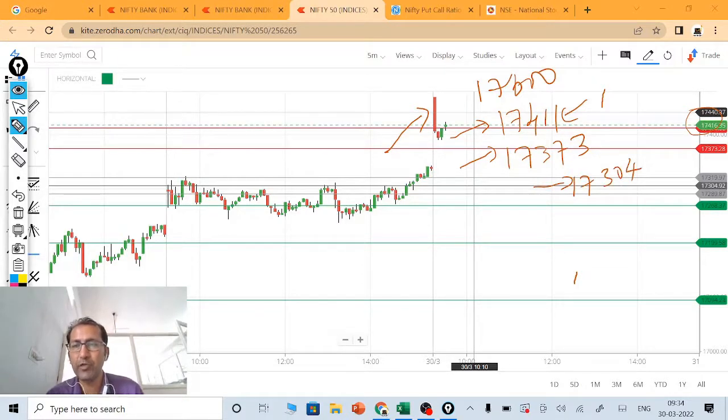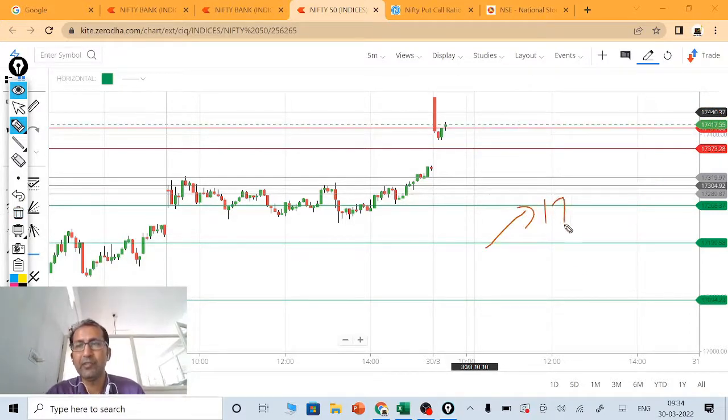So markets are going to be very volatile today. If there is a fall in the markets, you can buy the fall and wait for a target of 17,600. But if the markets fall below 17,373, then be cautious. Then markets can go all the way to the pivot. Supports are placed at around 17,304, then the next support is around 17,268, and the next major support is around 17,200.